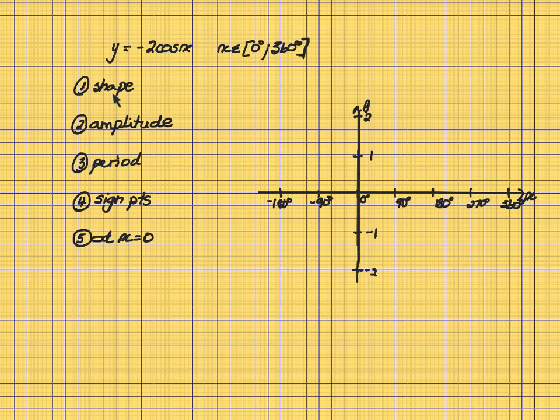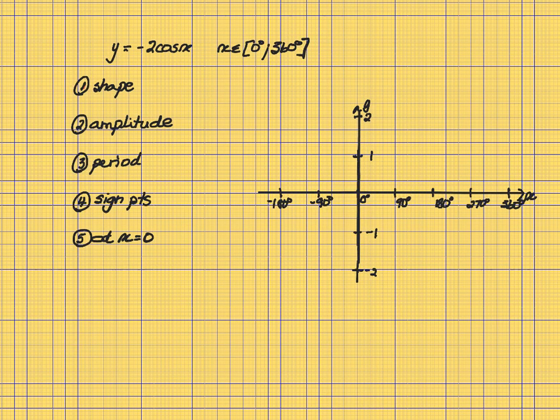The next function that we're going to look at is y is equal to minus 2 cos x over the interval x is an element of 0 to 360 degrees. So once again, here's our 5-point plan. Shape, amplitude, period, the significant points, and what happens when x is equal to 0.